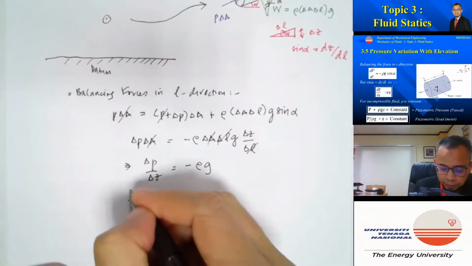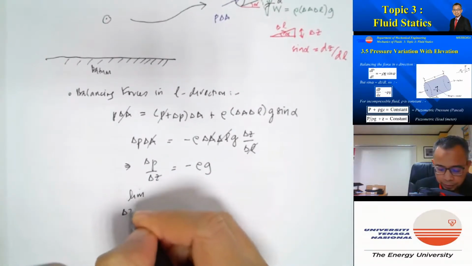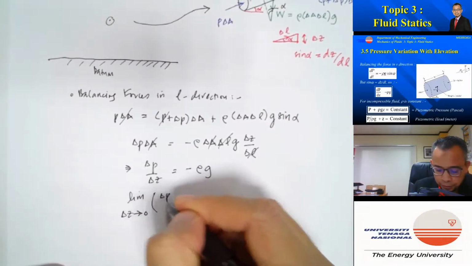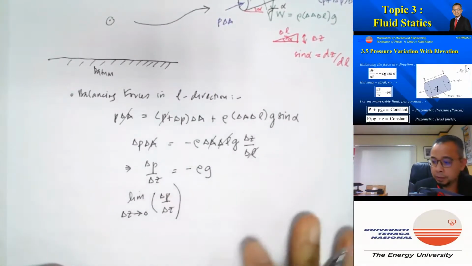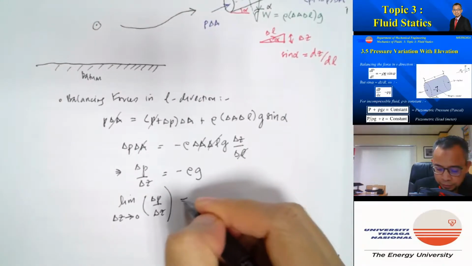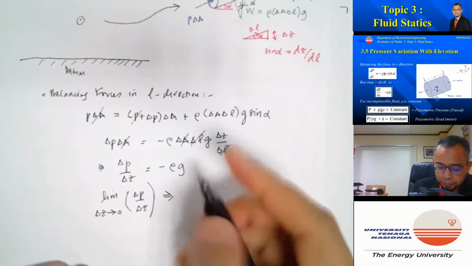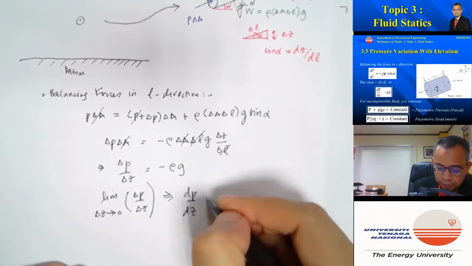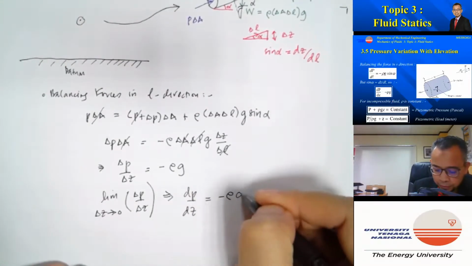In the limit as delta Z tends to 0, delta P over delta Z becomes dP by dz, and that's equal to minus rho g.